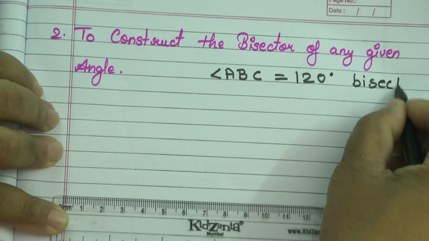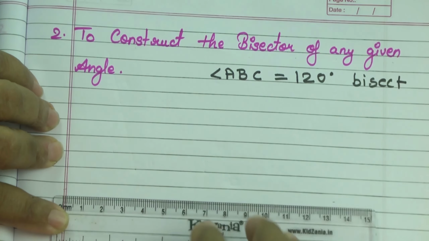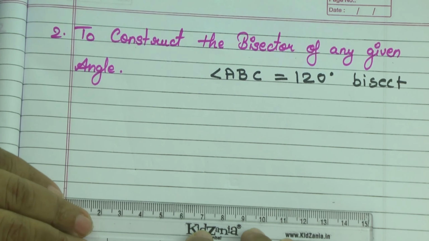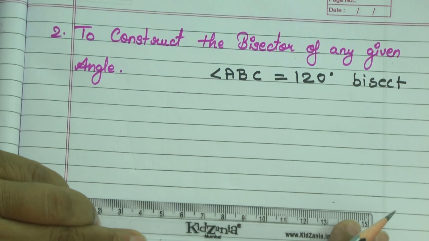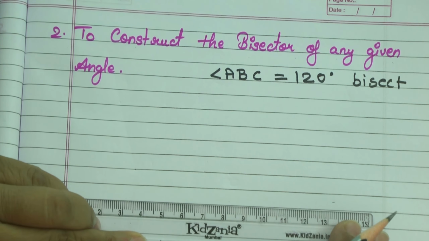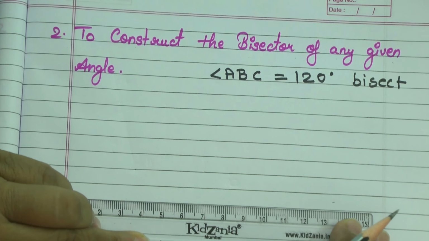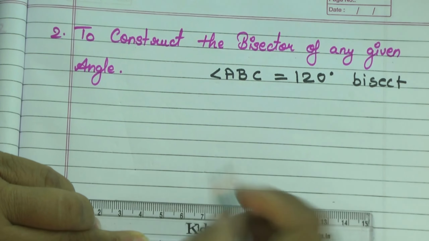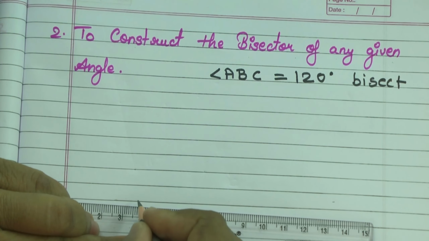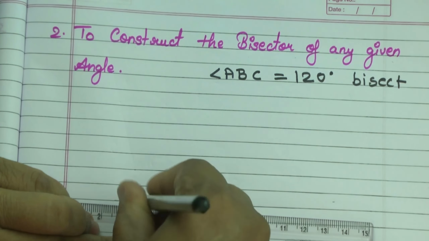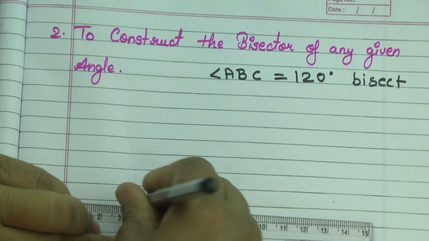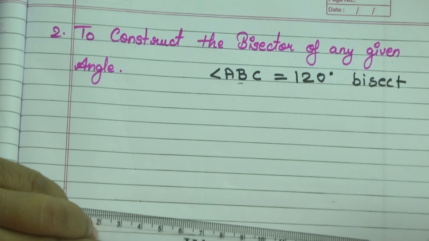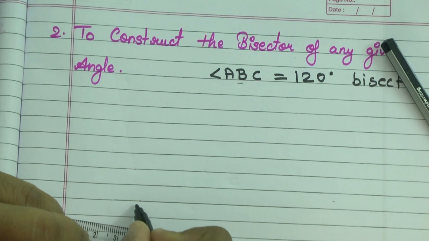So for that, as we have done earlier, we will draw a line exactly as we did in the previous perpendicular bisector. Just draw a line and take any point on the line. Just give a press on the line so that we know. And that point should be B. So let me mark that point as B.